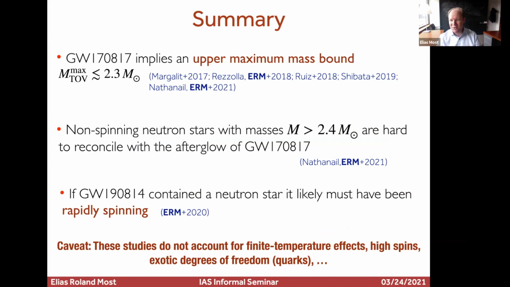The assumptions are mainly on how efficiently you can lose angular momentum and gravitational binding energy. If you relax those assumptions in a meaningful way, you can push it to at most 2.4. You cannot push it to 2.5. And so for the 1908-14 event, where you had an object with on average 2.6 and the lower bound is 2.5, if this was a neutron star, it was likely rapidly spinning.